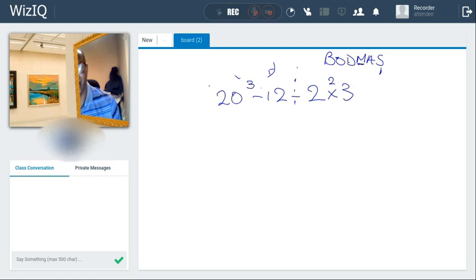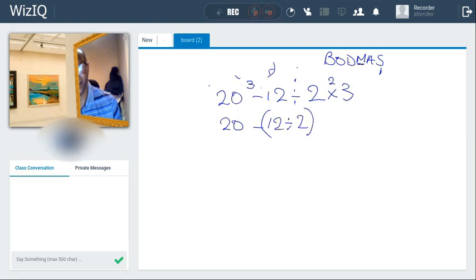To avoid making mistakes, we're going to write 20, then we take away 12. We said we need to divide first, so we're going to put a bracket there, and then we are dividing by 2.